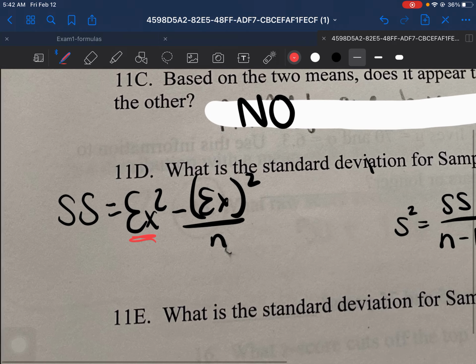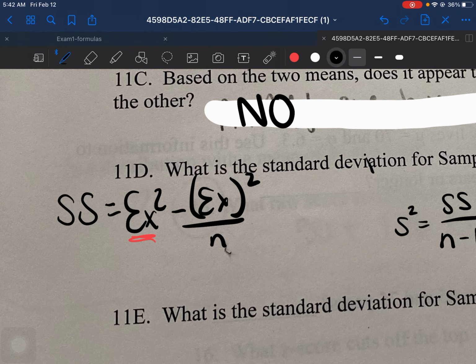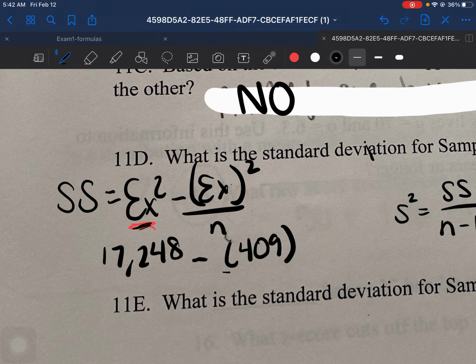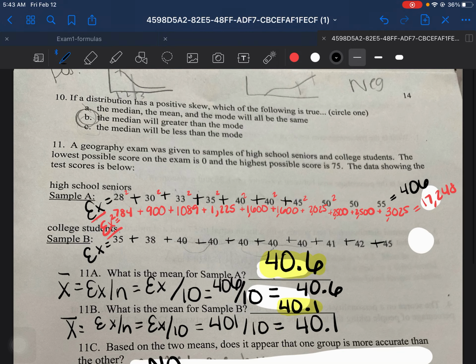So the sum of x squared here is what we just found, which was the 17,248 minus the sum of x, which was that first thing that we found way earlier, which was 406.